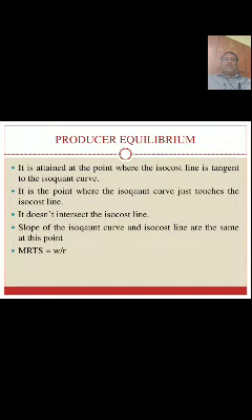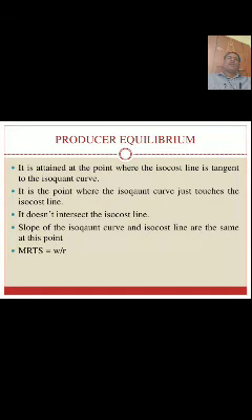At that point, the slope of the isocost line and the slope of the isoquant are equal, and the marginal rate of technical substitution, that is the slope of the isoquant, is equal to the slope of the isocost line, which is the price of labor by price of capital.